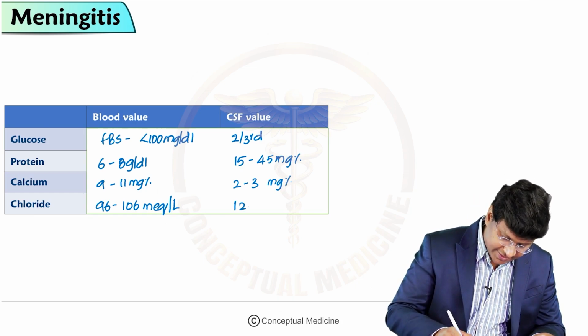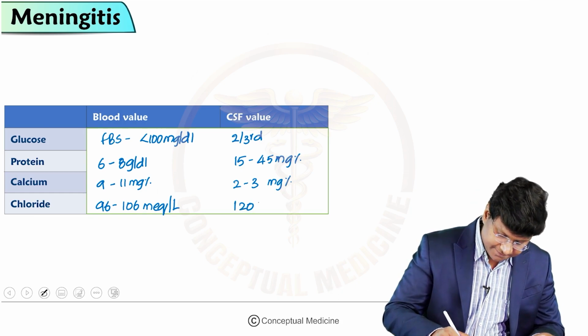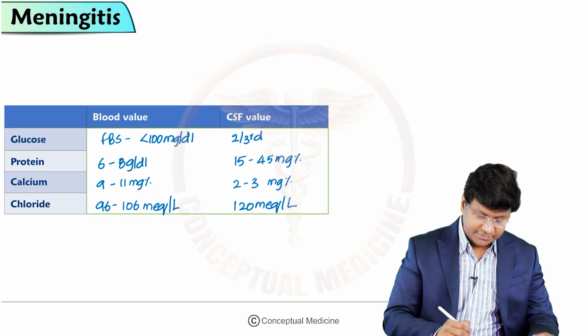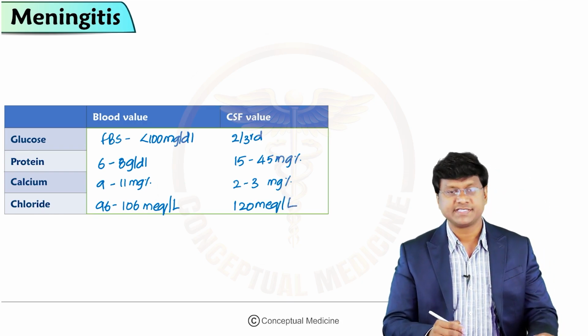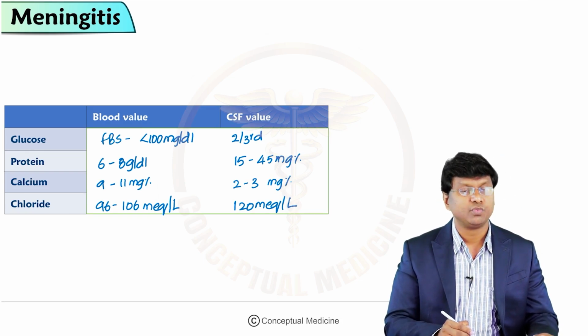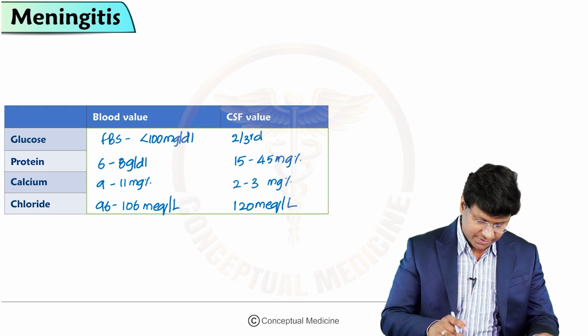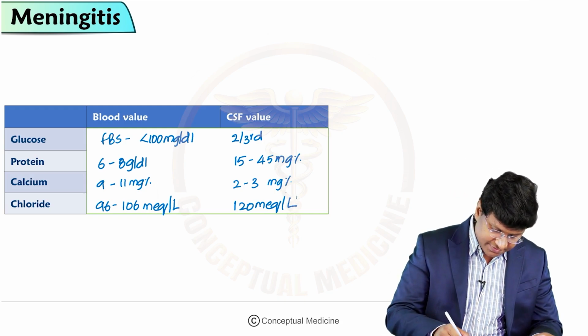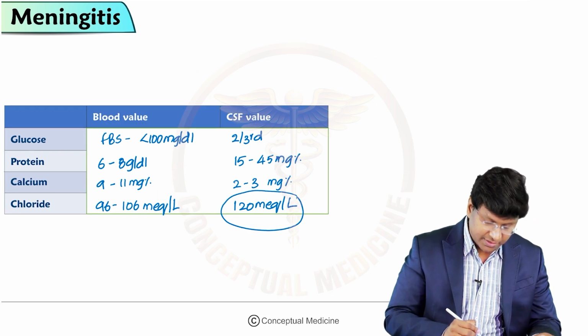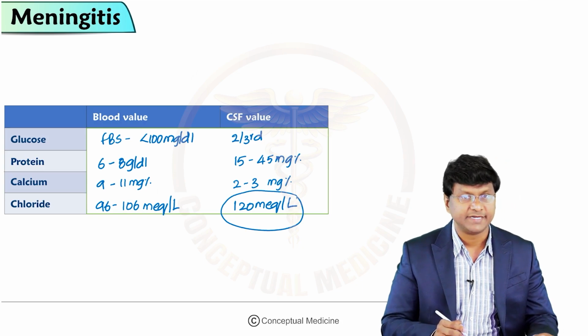Around 120 milliequivalents per liter. So which substance is more in the CSF than in the blood? That will be the chloride. Chloride will be more in the CSF than in blood.